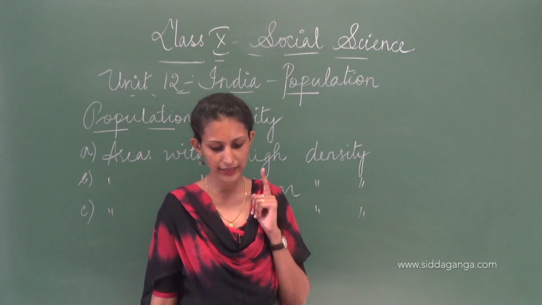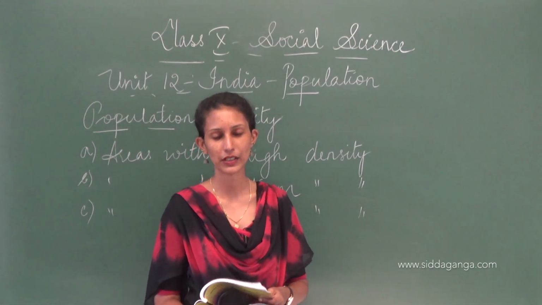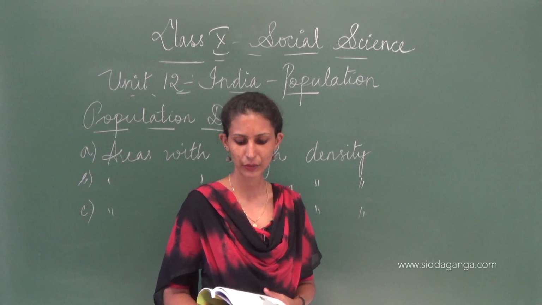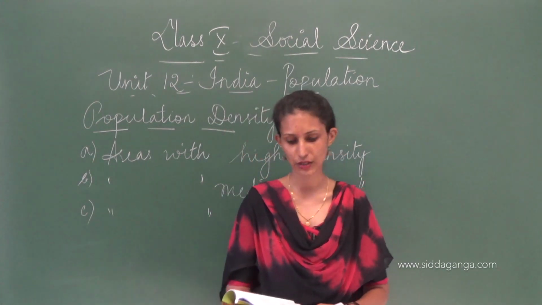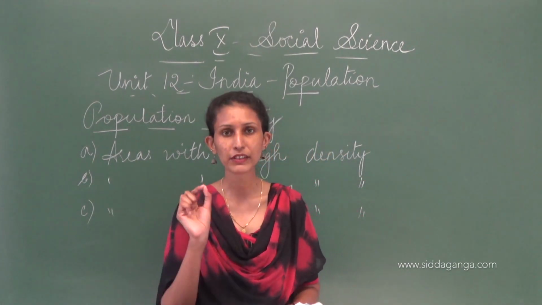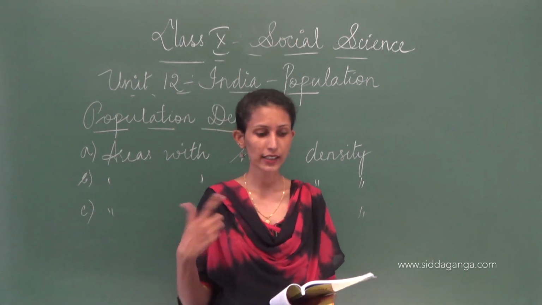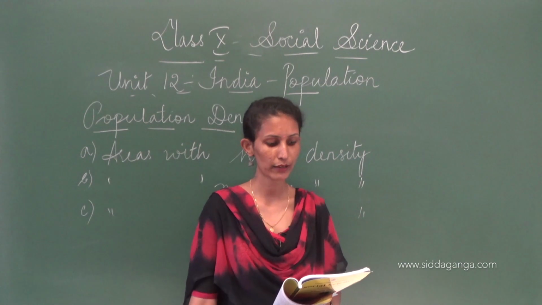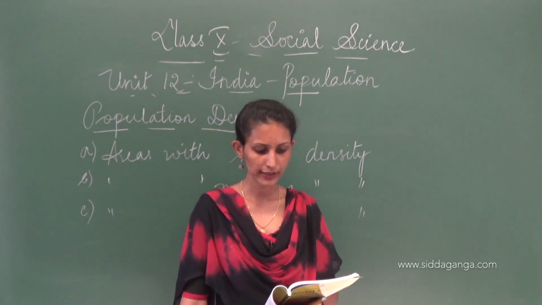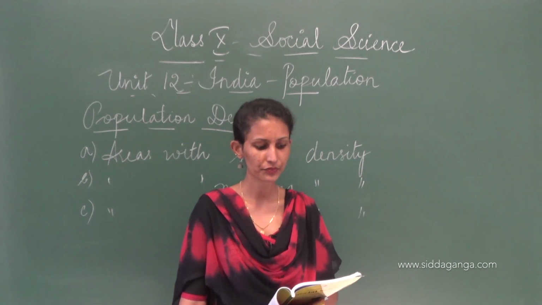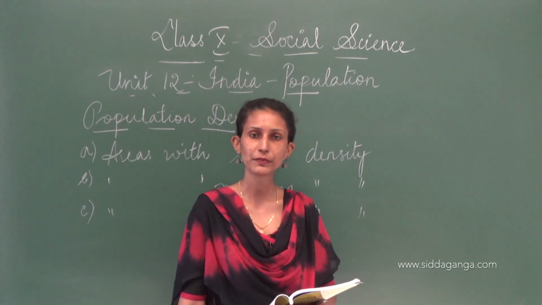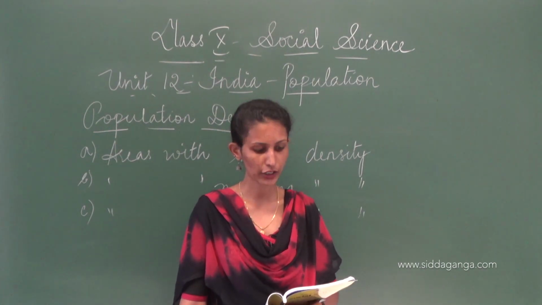Now states that include high density of population. This is something that we can just read out and finish off. There is nothing to specifically teach in this because I have to just tell you the names of the states. Either way I will do it, but you will have to read it again for yourself. Now we will see depending on each state how much population they have per square kilometer.